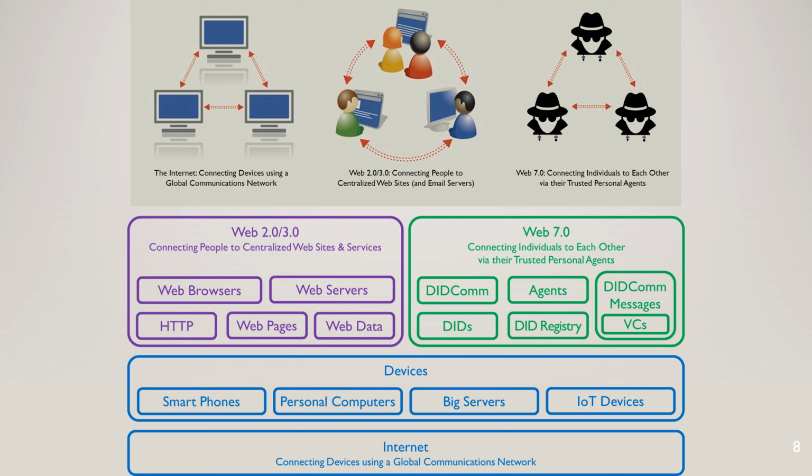Those DIDComm messages can have something called verifiable credentials, which is verifiable data, trusted or truthful data. And the way that people and software components and data are all identified in Web 7.0 is using something called decentralized identifiers, or DIDs. Just to emphasize the difference between the old web and Web 7.0, there are no websites in 7.0. Websites are centralized concepts that are part of the old web. They have no place in the new decentralized Web 7.0.